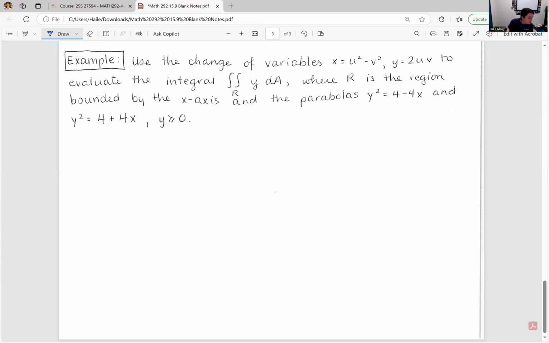Okay, so the first thing that we're going to do is, well, we're going to do two things. We're going to set up our integral, but then go compute the Jacobian and come back.